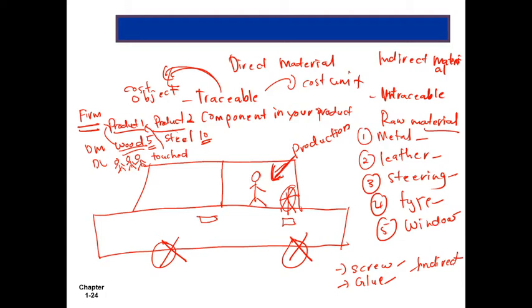But there will be someone who is still working in the factory but is not touching the product, for example a manager. So we call it indirect, because he is not touching the product, which means we cannot trace it. So this is overhead.